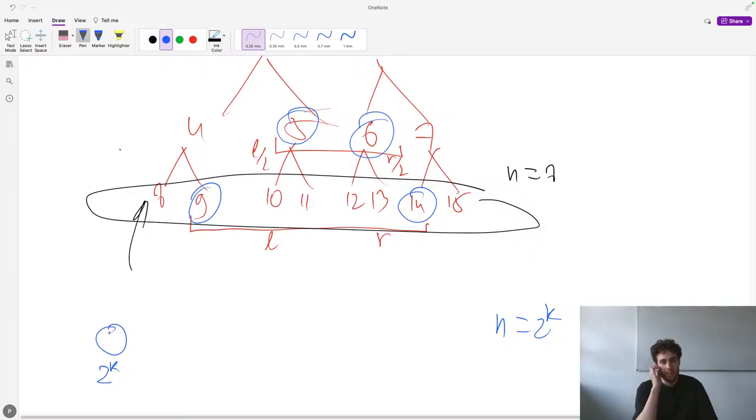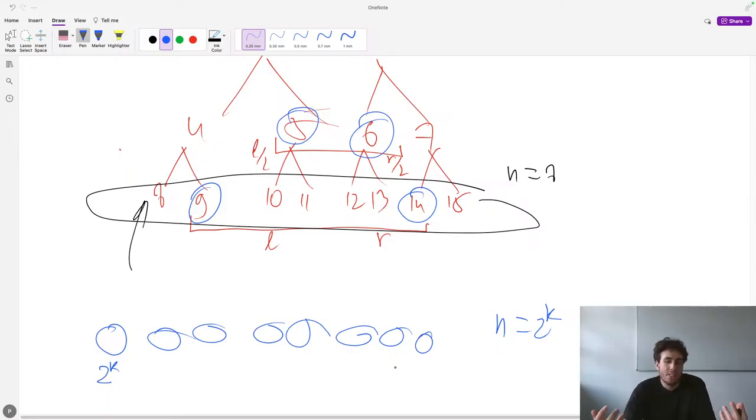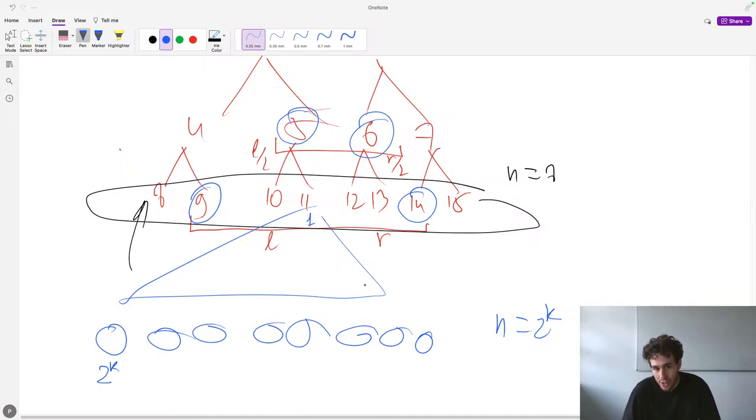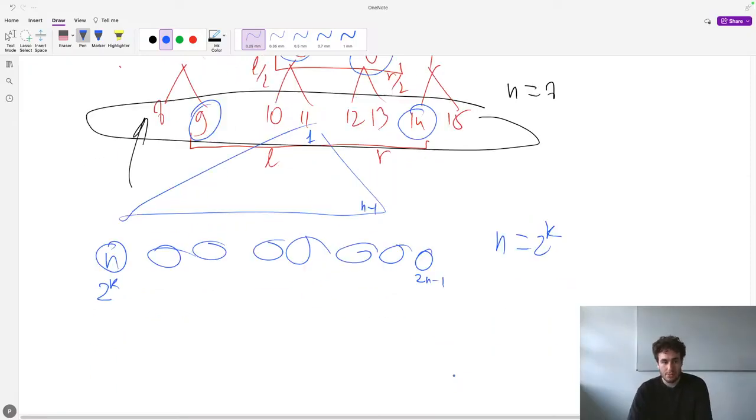So the first index in the last level of our tree is always 2 to the k. This is because, as I said, you always have n minus 1 internal vertices. So if you start with 1, you end with n minus 1, and the next vertex is always going to have index n. Then you have n vertices on the last level, so the last one is going to have index 2n minus 1.